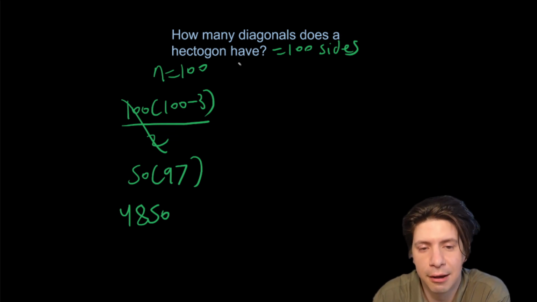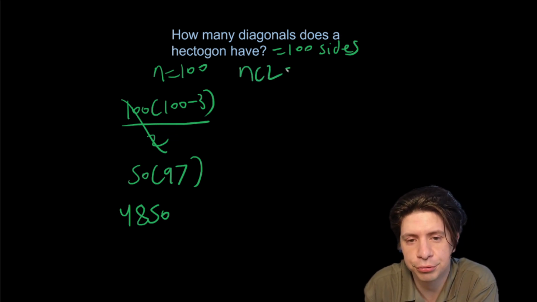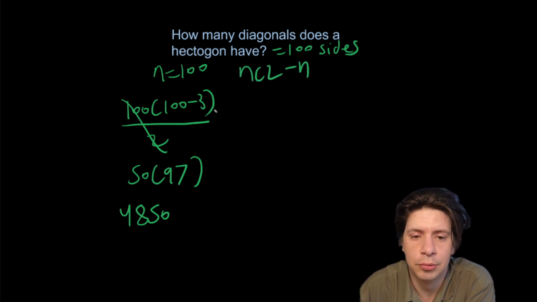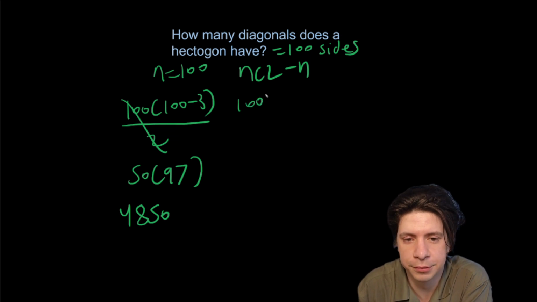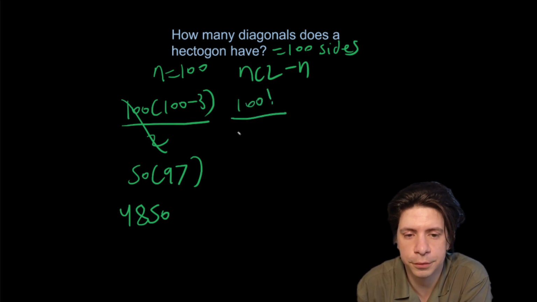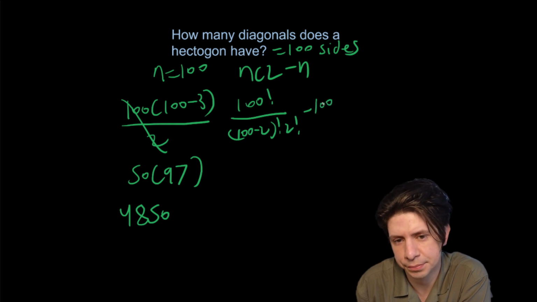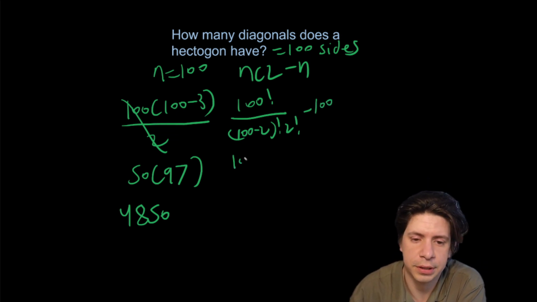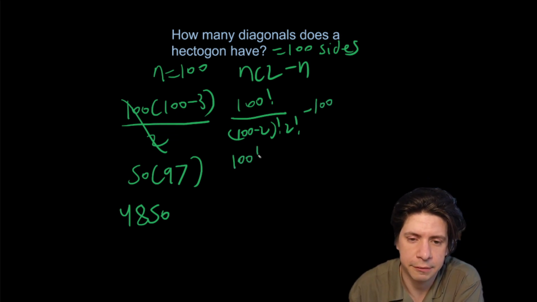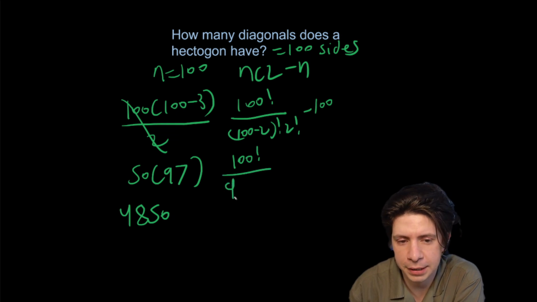And then if we did it the other way, n choose 2 minus n, we'll do 100 factorial over 100 minus 2 factorial, 2 factorial minus 100. So it'll be 100 factorial over 98 factorial times 2 factorial.